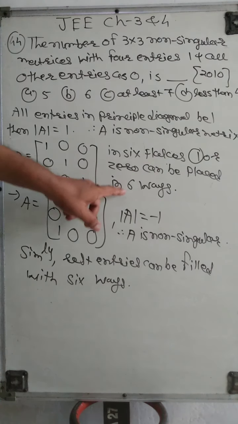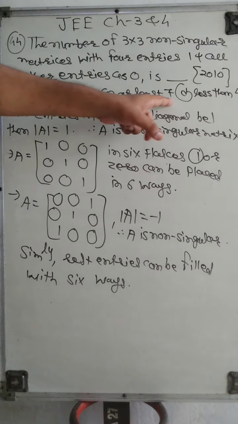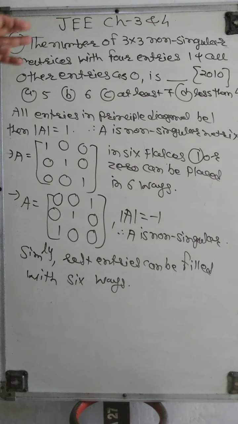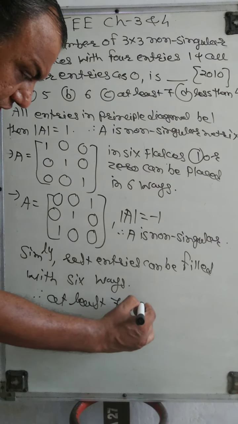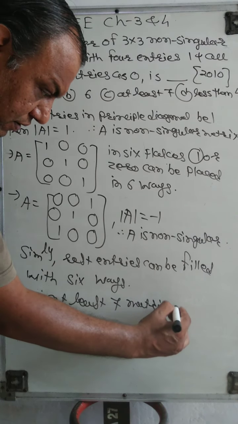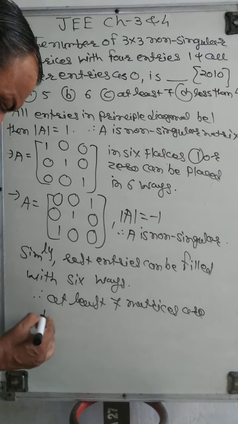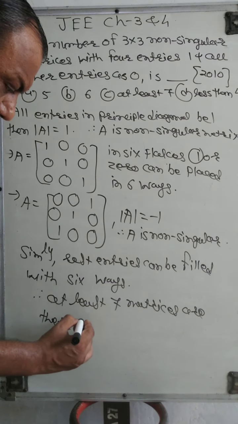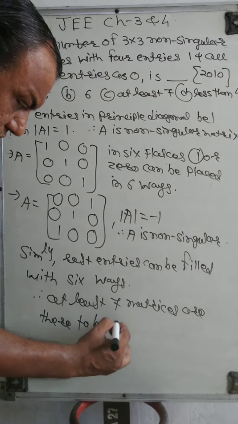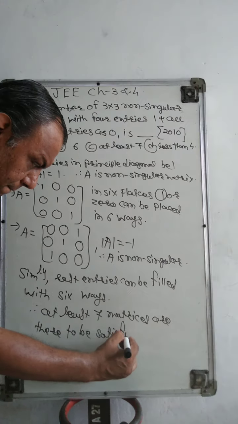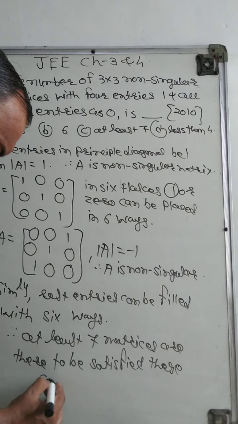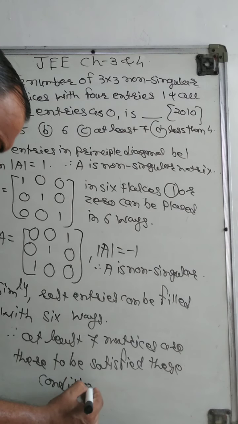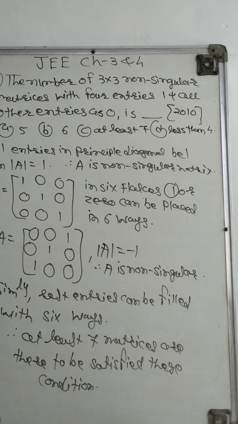Therefore total ways are 6 plus 6, meaning 12, so at least 7 matrices are there to satisfy this condition, right?